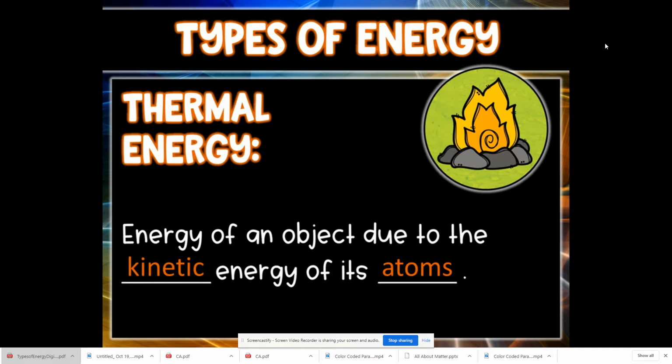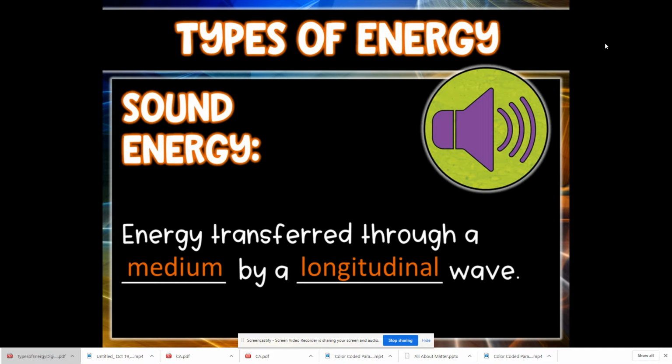Thermal energy is the energy of an object due to the kinetic energy of its atoms. So thermal is heat. A toaster or an oven would be thermal energy, heat energy. Sound energy, of course, is energy because it comes in waves. We'll talk about sound, I think, next time.